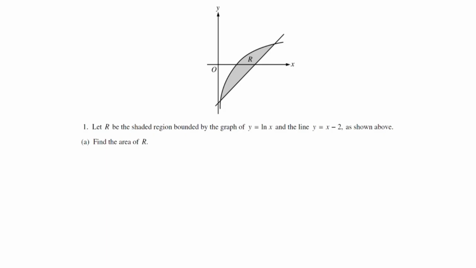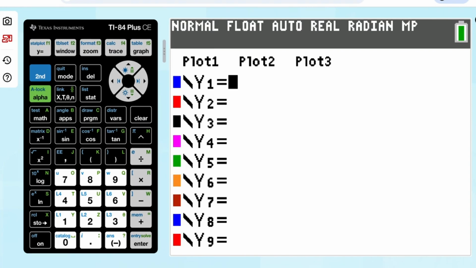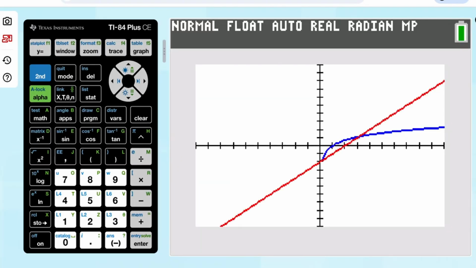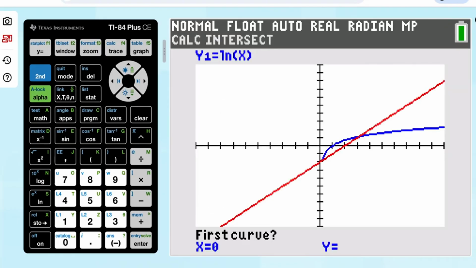And so we will go into our graphing calculator here. We'll put in y equals the natural log of x, and the other function was x minus 2. So we'll just graph those two functions, and we'll find their intersection points. And so we'll do second trace, and then we'll find option 5, intersect.